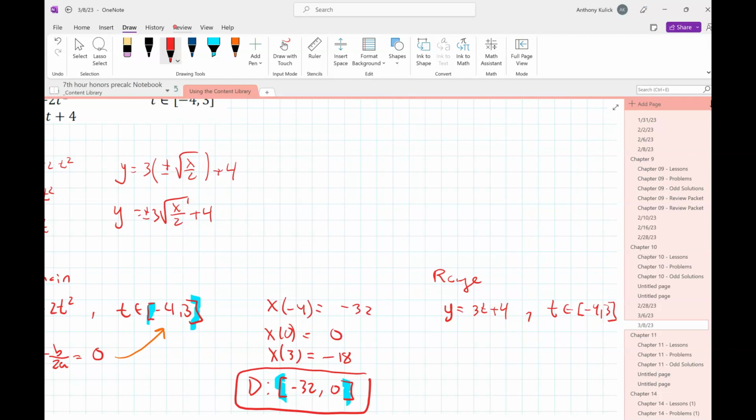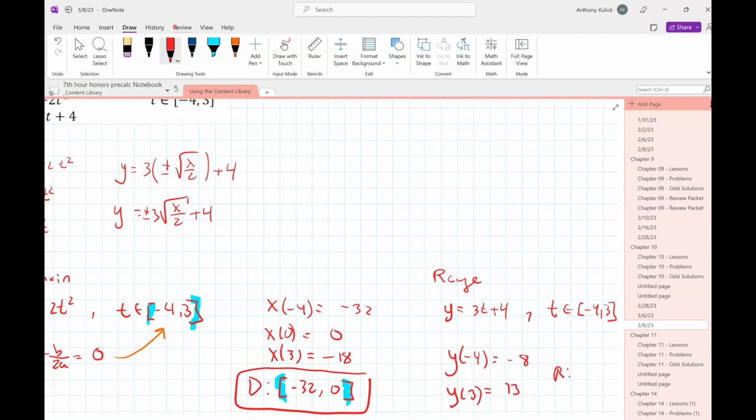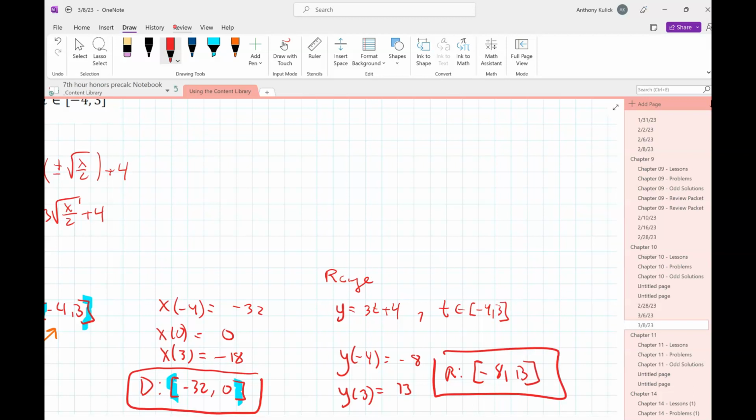So I don't care about anything other than the endpoints. So that's going to be -12 plus 4, that's -8. And then 9 plus 4, that's 13. So there's my range. It's just small to big. Nothing more to do there. Is that okay?